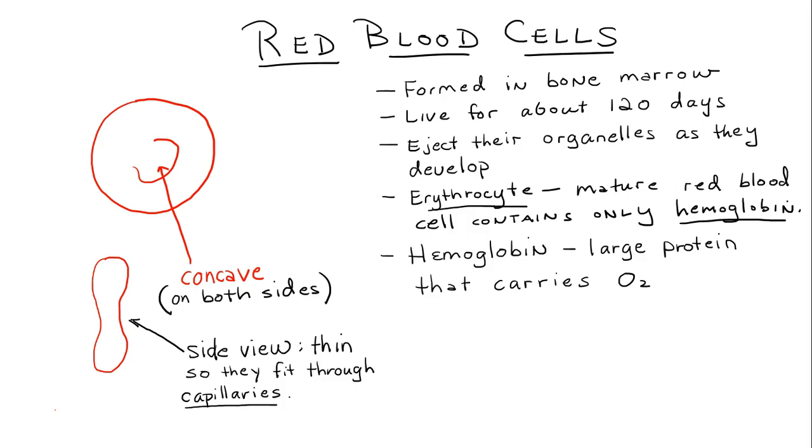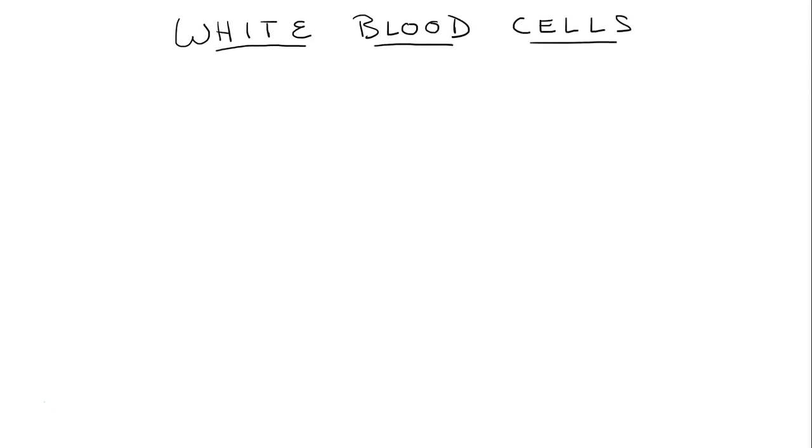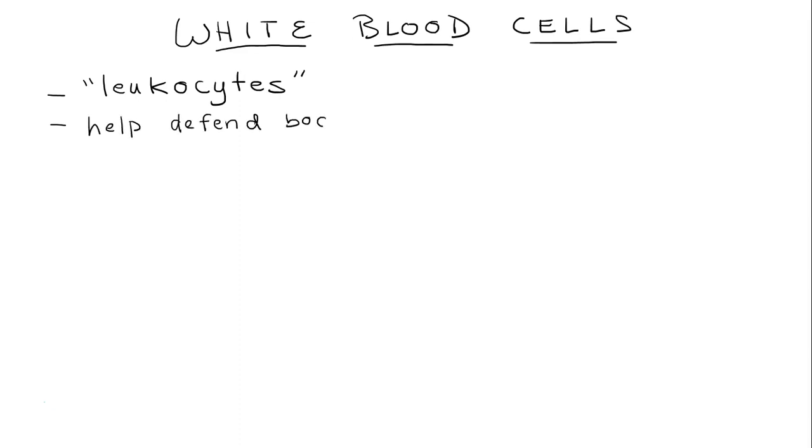Okay, so let's talk next about the white blood cells. Okay, so blood also contains white blood cells, and these are called leukocytes. And the primary purpose of a leukocyte is to help defend the body against pathogens. A pathogen is a disease-causing agent, so these white blood cells are protecting us.